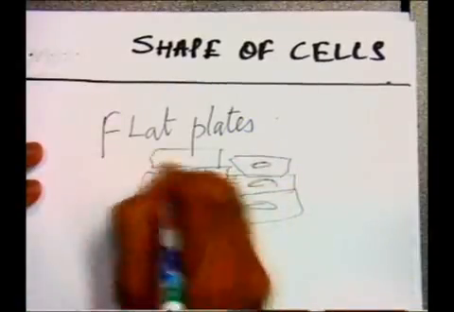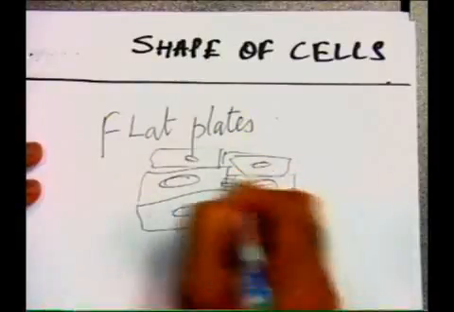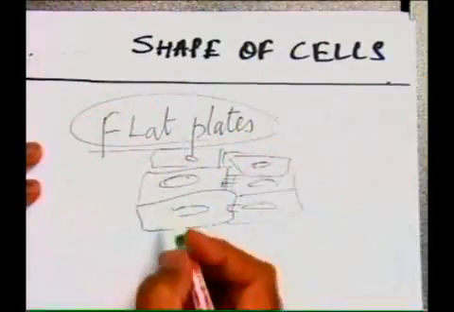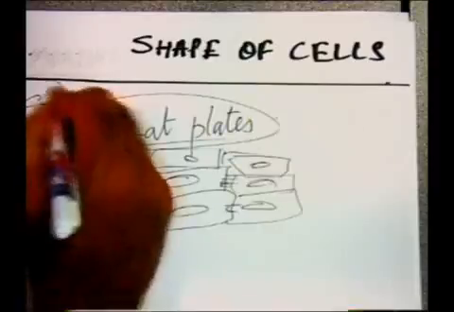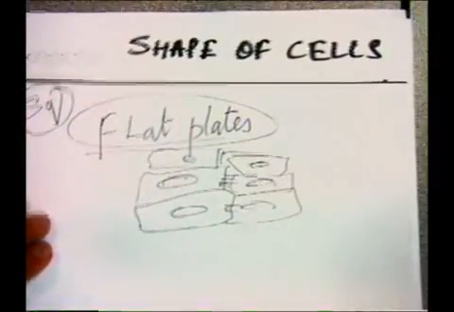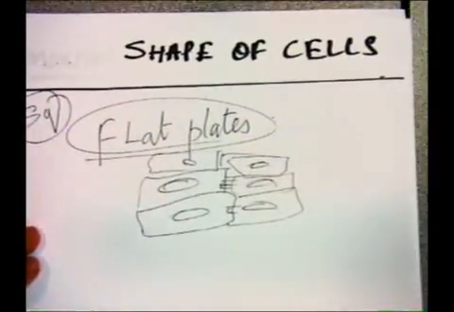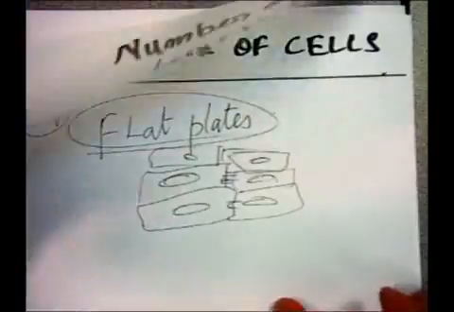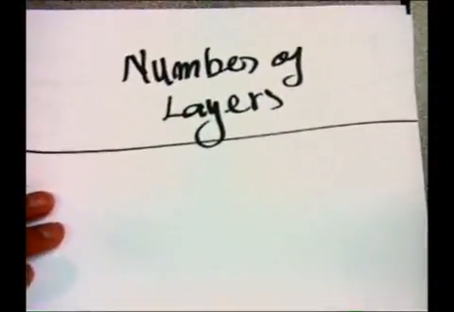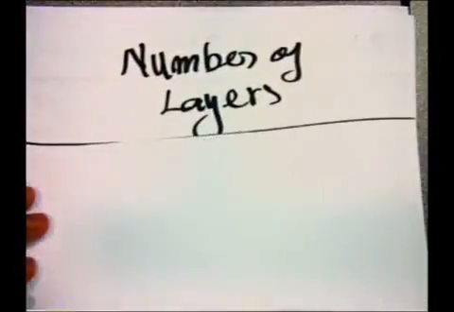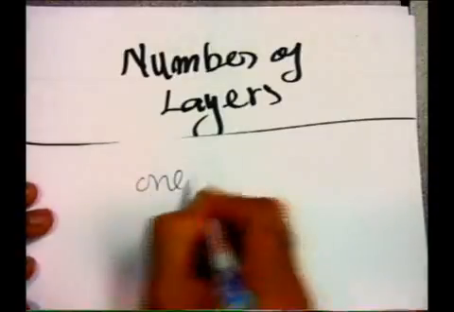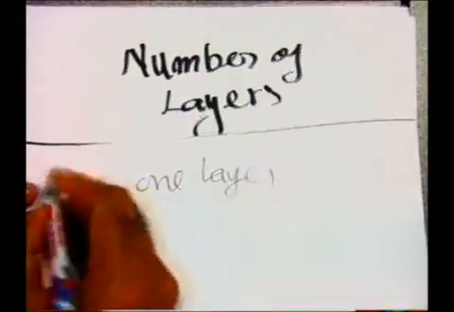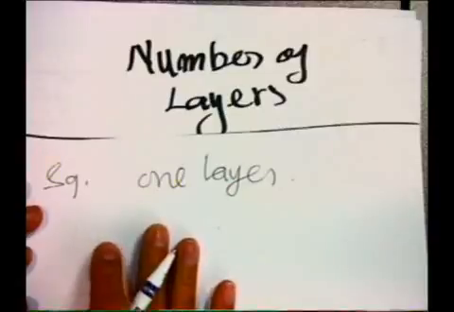So the cells aggregate, that's tissue. We are talking about the shape of cells in squamous epithelium. This is squamous. Now I'm going to get to the number of layers. How many layers can form in this? Only one layer for squamous epithelium.